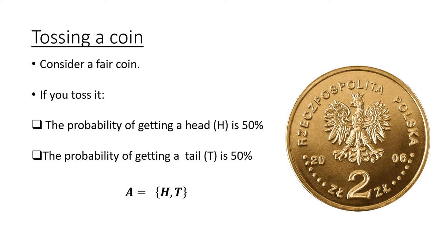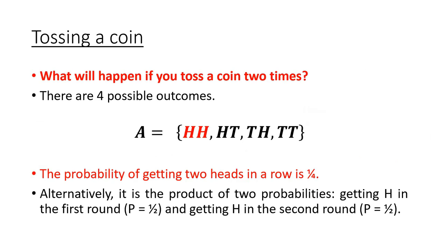Now, imagine that our problem becomes more complicated. If we toss a coin 2 times, then we end up with 4 possible outcomes. So, namely, you can get 2 heads in a row, you can get head in the first round and tail in the second round, you can get tail in the first round and head in the second round, or you can get 2 tails in a row.